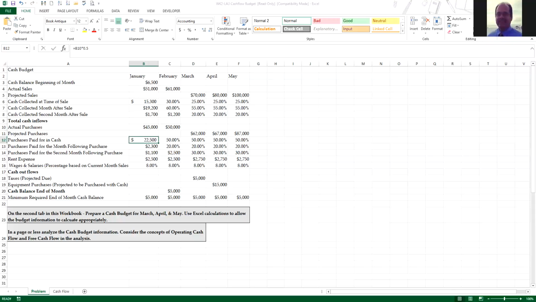And then the last one we need to figure out is wages and salaries for the month of January to complete the January cash budget, 8%. So we pay 8% on the current month sales. It's a percentage based on current month sales, your wages and salaries. So you're going to multiply 8% times 51,000.